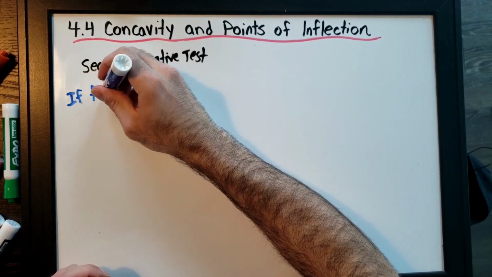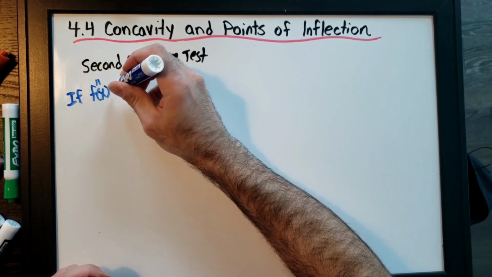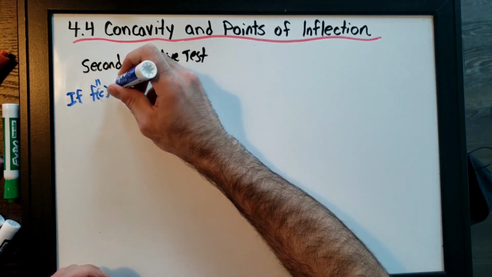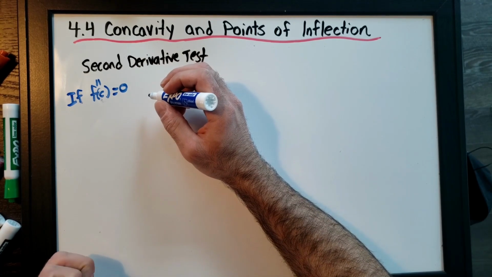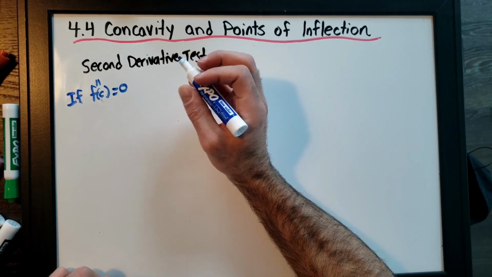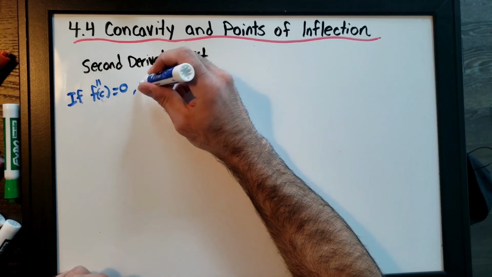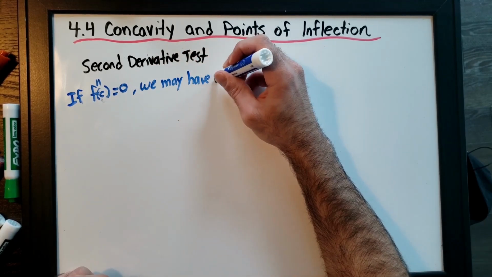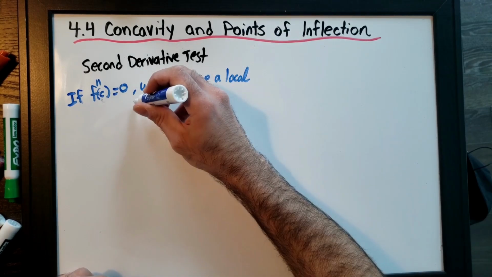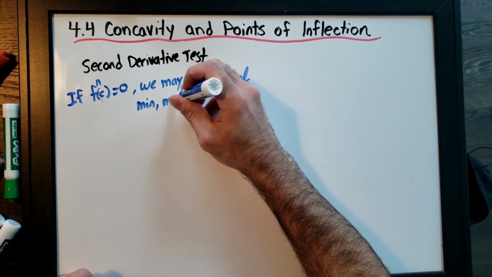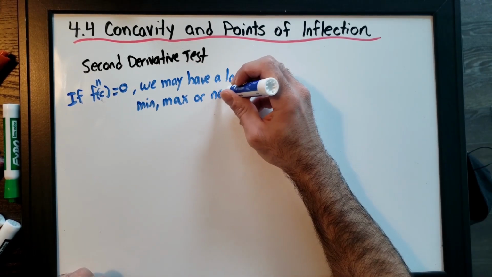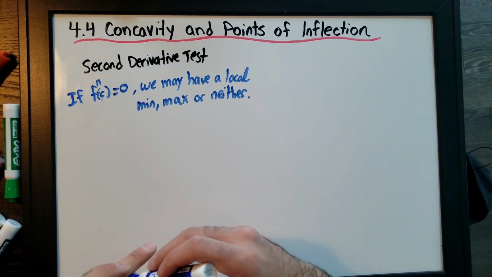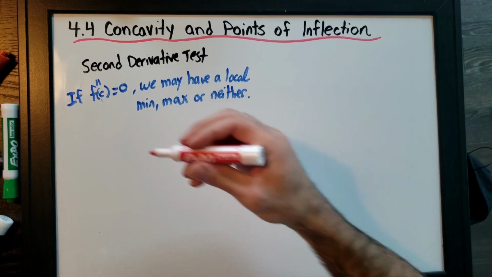If the second derivative at point x, or we can call it point C, critical point, is 0, we may have a local min, max, or neither.